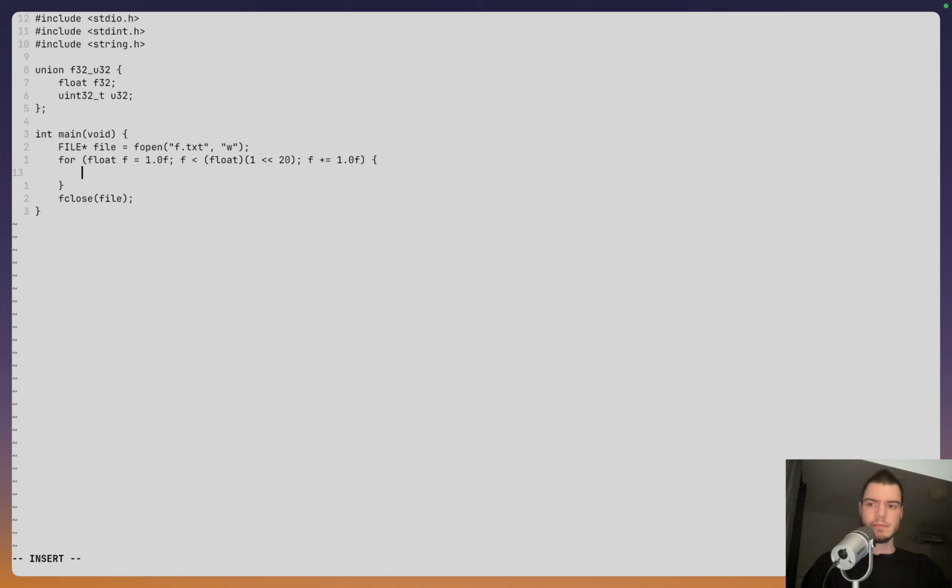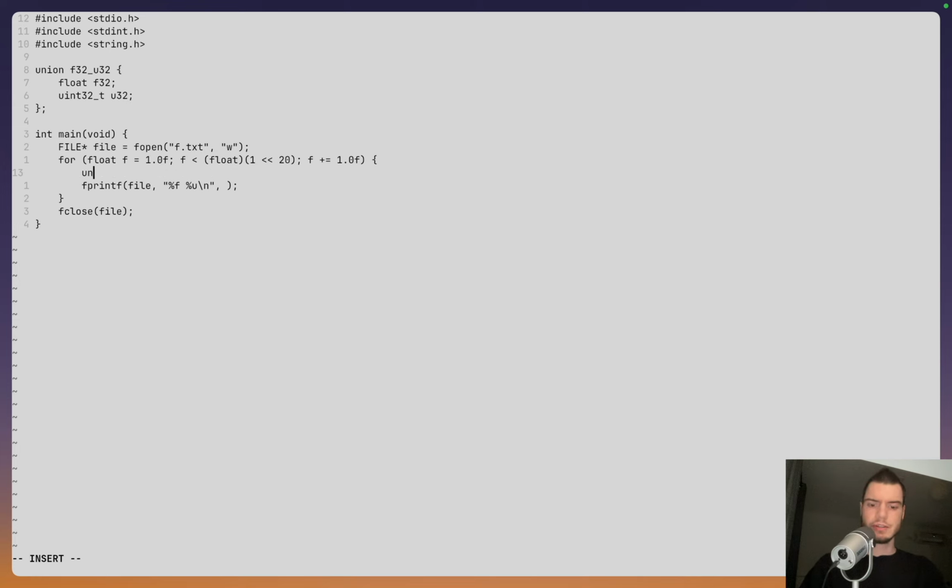All right. So to print to a file, we're going to use fprintf, give it the file as our first argument. Then we have the format string, which is in our case, same as before, a float, an unsigned integer, next line.